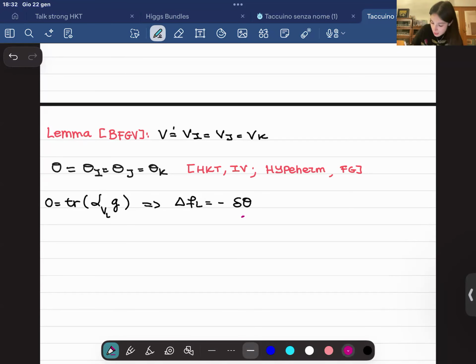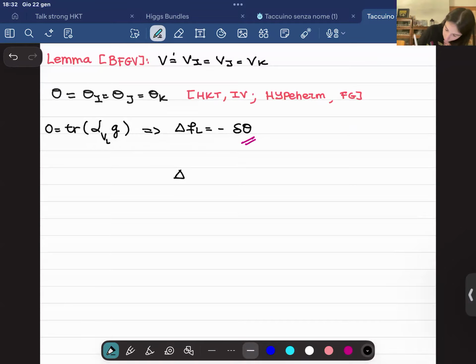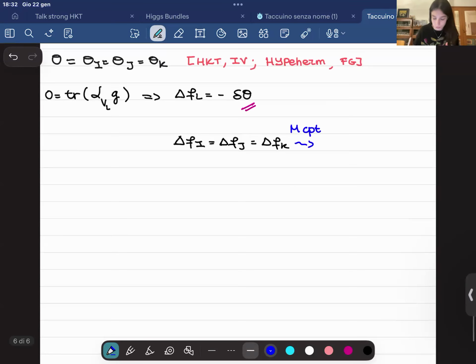But as you may see, on the right-hand side I don't have terms depending on the Hermitian structure. This is the same for the 3 of them. So at the end of the day, the Laplacian of f_I is equal to the Laplacian of f_J is equal to the Laplacian of f_K. And here, I can use again that the manifold is compact to prove that actually they must differ from each other by a constant.